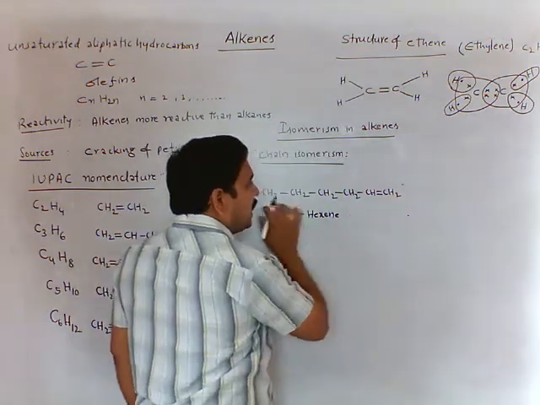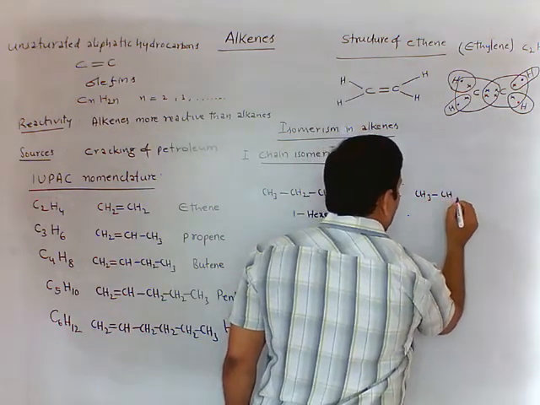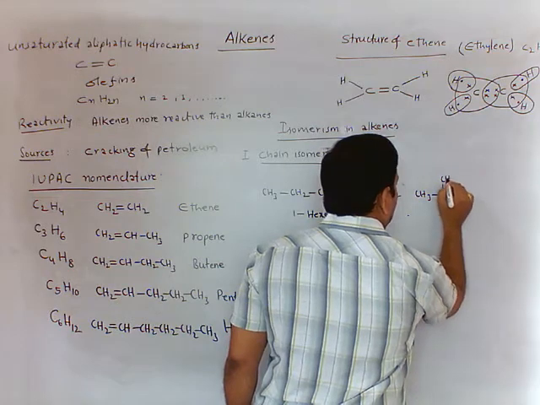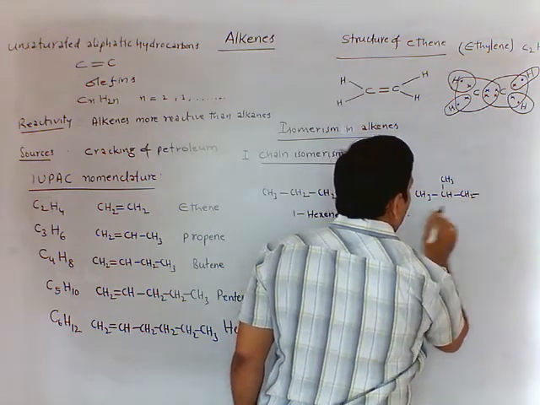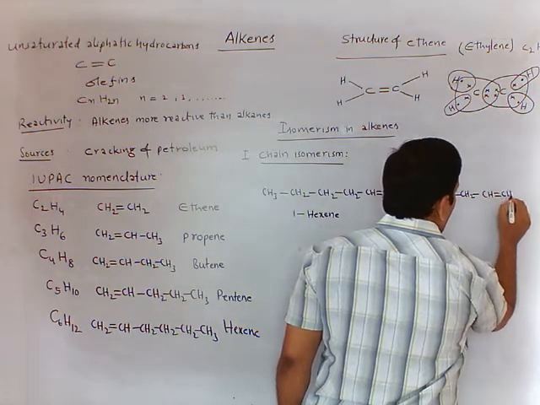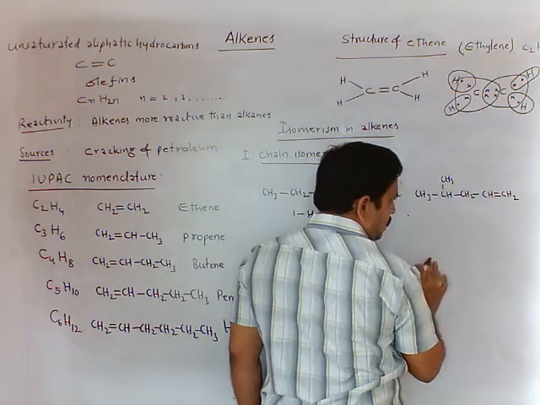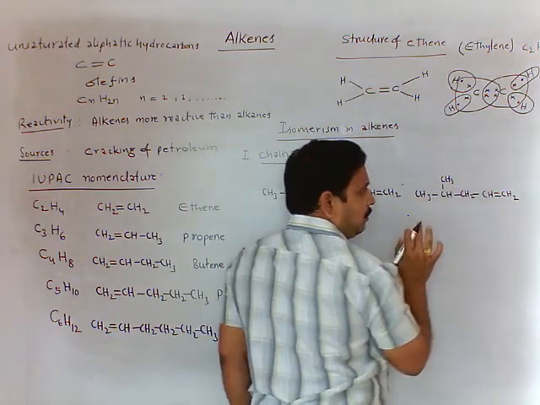Now it can be written as CH3, CH, CH3, CH2, 4 carbons completed, 5th carbon it is CH double bond CH2. 1, 2, 3, 4, 4th carbon containing methyl group.